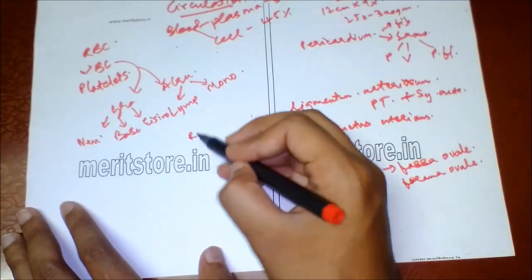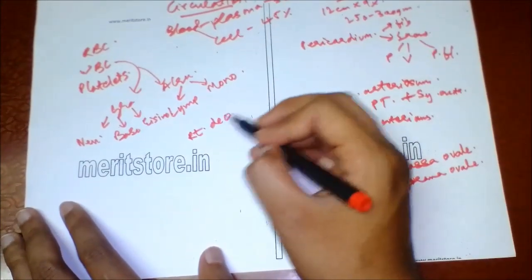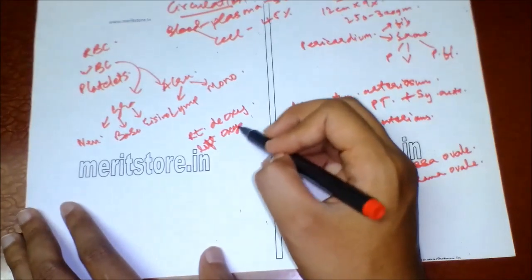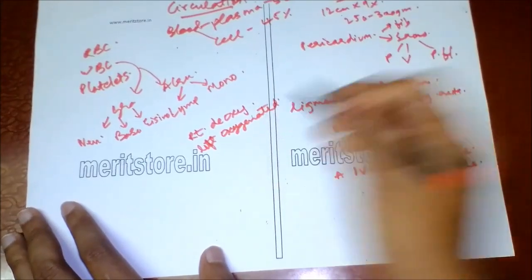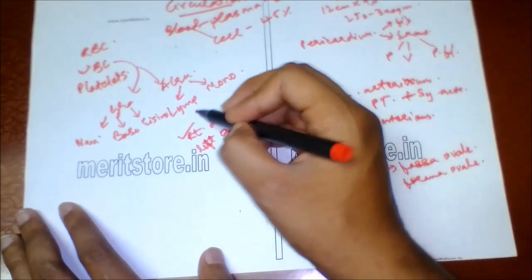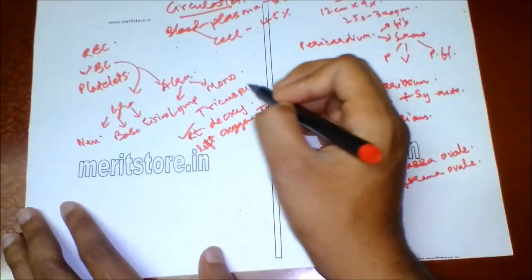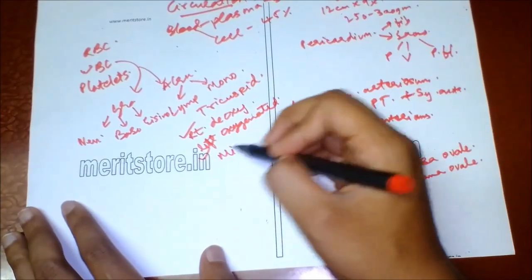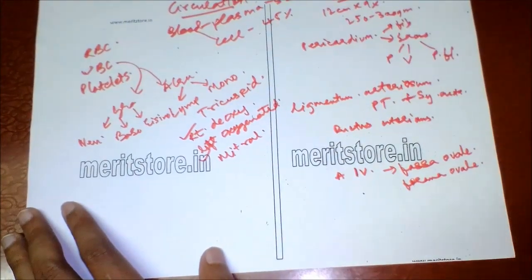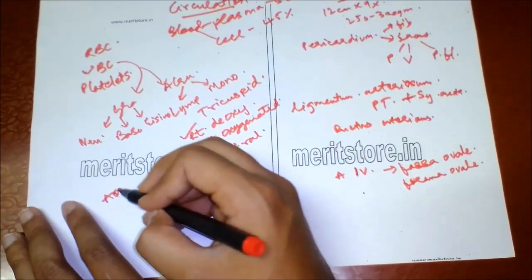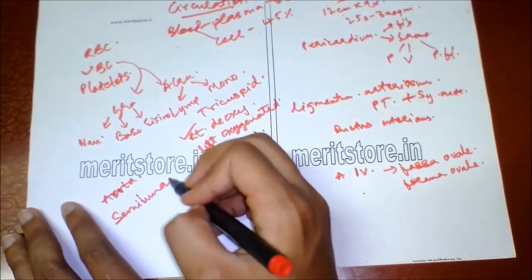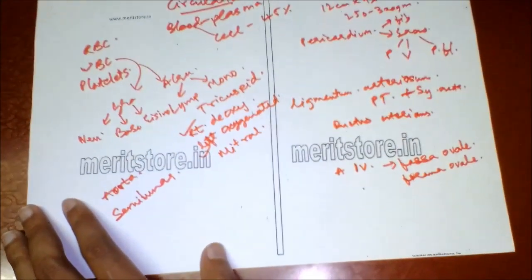The right side of the heart receives deoxygenated blood, and the left side of the heart receives oxygenated blood. Atrium and ventricle on the right side are divided by the tricuspid valve, and on the left side by the mitral or bicuspid valve. These are atrioventricular valves. Valves present between the aorta and pulmonary trunk are semilunar valves. These are also three-cusp valves.